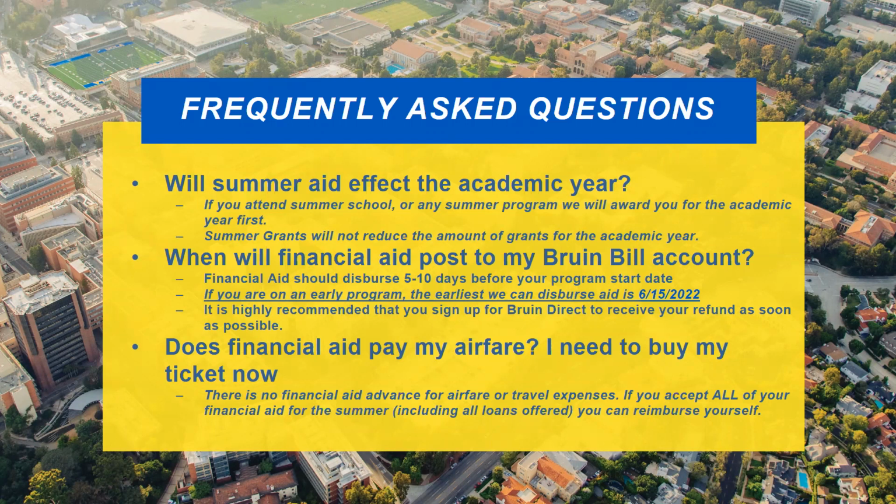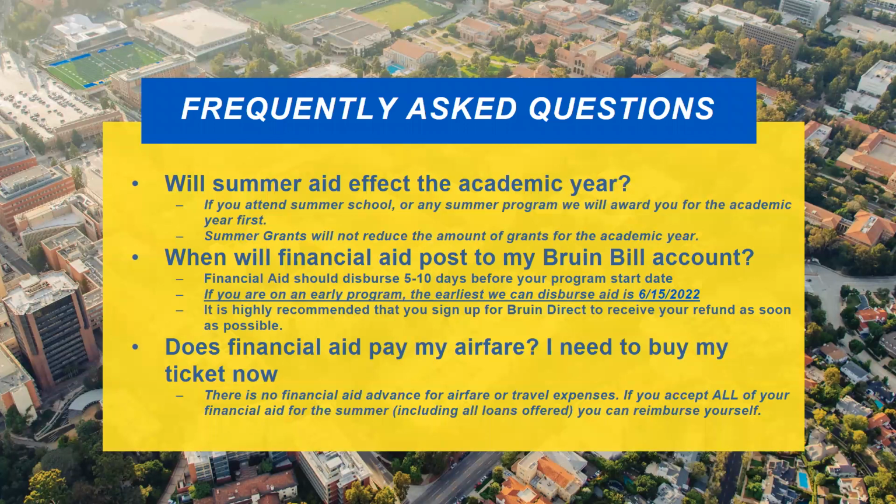And airfare is part of the cost of attendance, and it will help pay the airfare. It'll be a reimbursement, but that's only if you accept the full financial aid. Because remember, if your cost of attendance is $10,000, which includes airfare, and you're only accepting $5,000 of grants, then more than likely you're not going to be reimbursed for the airfare.